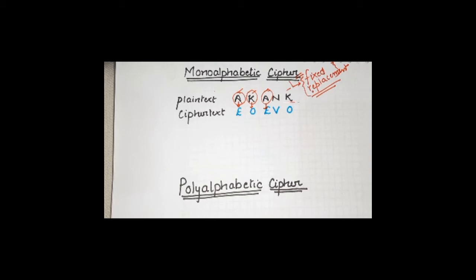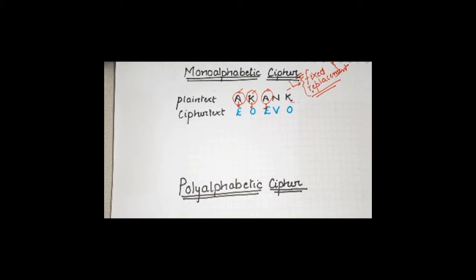Once we get to know that E is being replaced by A, then every E is going to be replaced by A. Or once we get to know that the plain text for O is K, then every O in the ciphertext is going to be replaced by K, and therefore you guess the plain text more easily, because you get to know the frequency of the plain text. You get to know the repeating alphabets. Frequency of the alphabets means the repeating alphabets in the plain text.